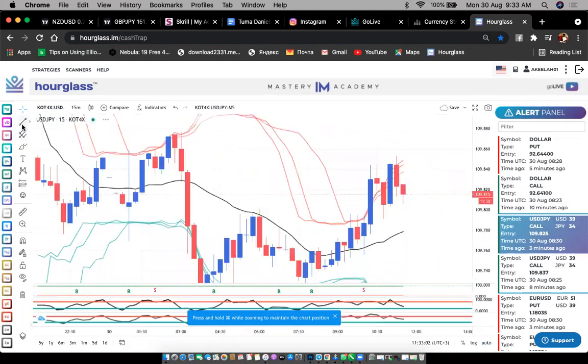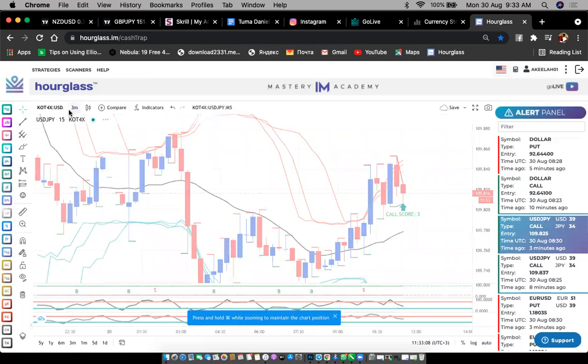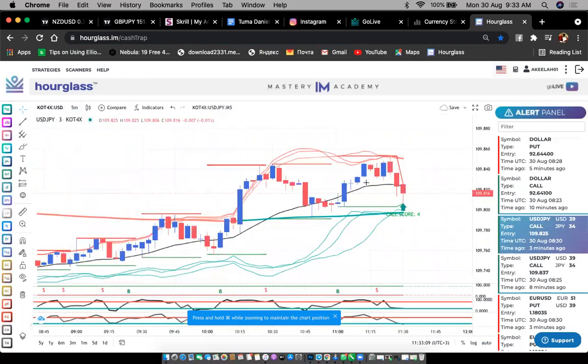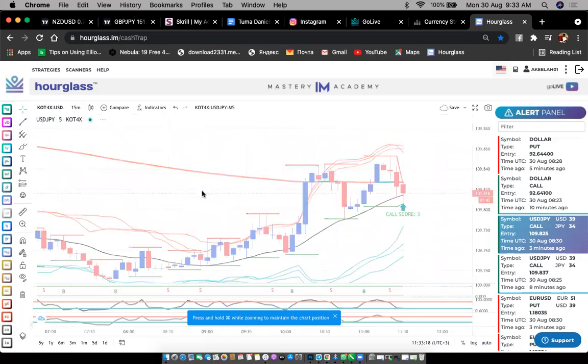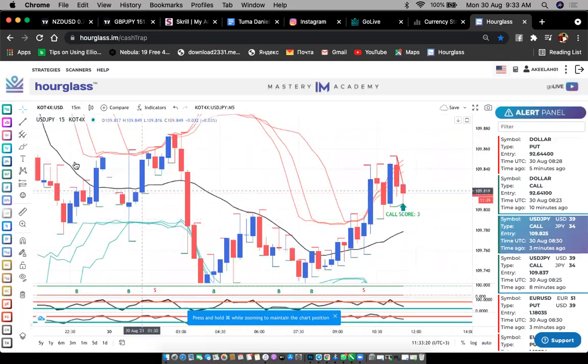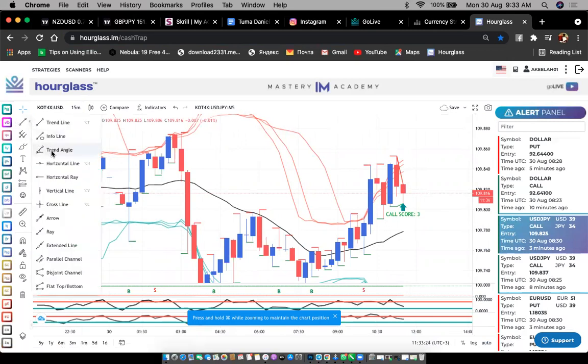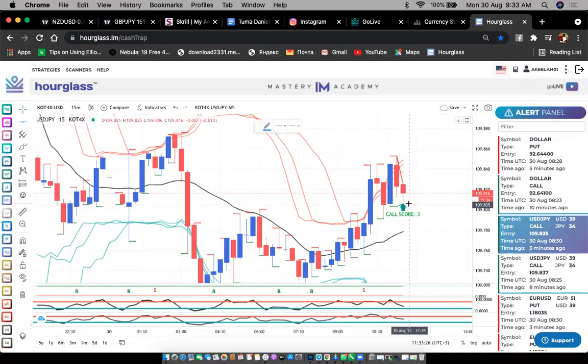So come to the time frame. How do I know that this trade is going to go up? Because I saw this rejection in the previous candle before this one. So now that I've seen that, I know that price will tend to go up. So I went to 15 minutes, picked my line tool and looked for support.